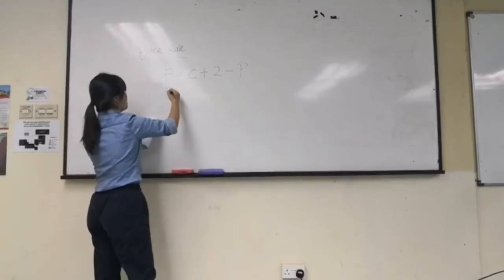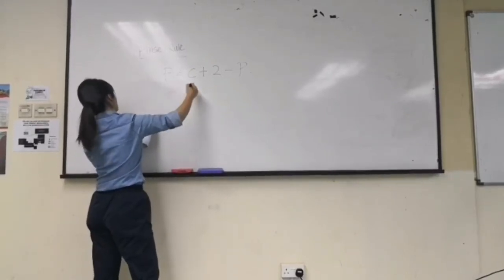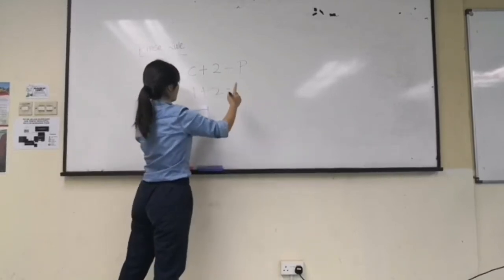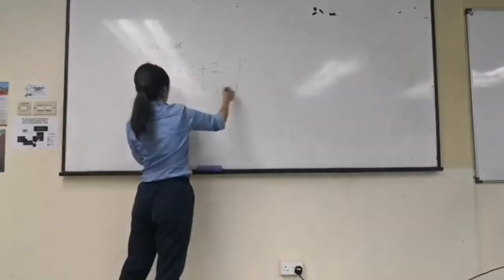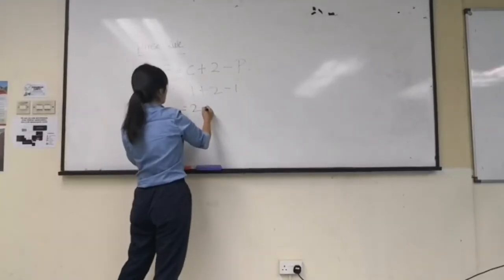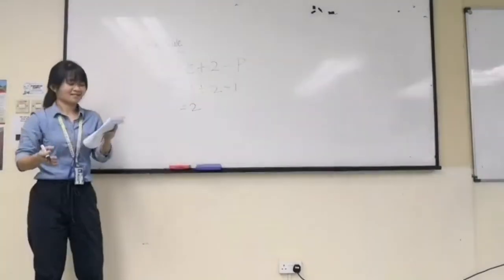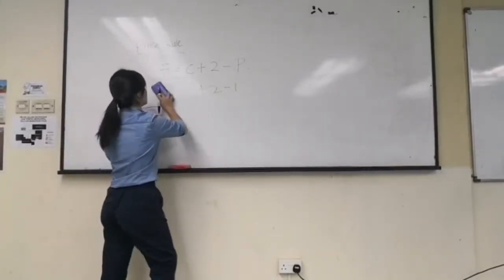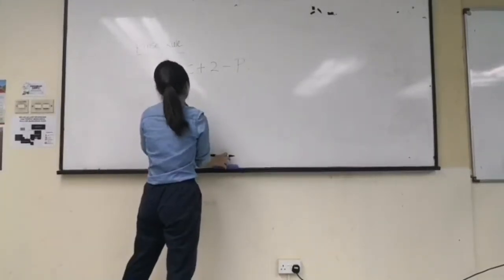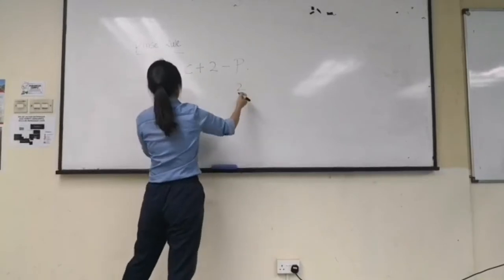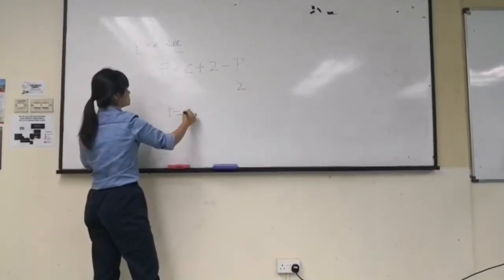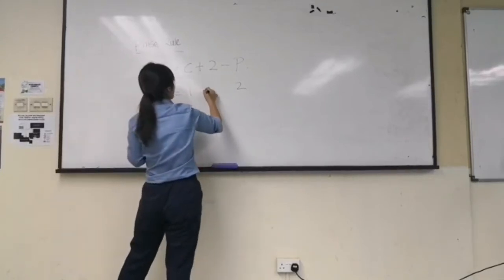So F equals 1 plus 2 minus P. For a one component system, if the pressure is fixed, then F will be equal to 1.